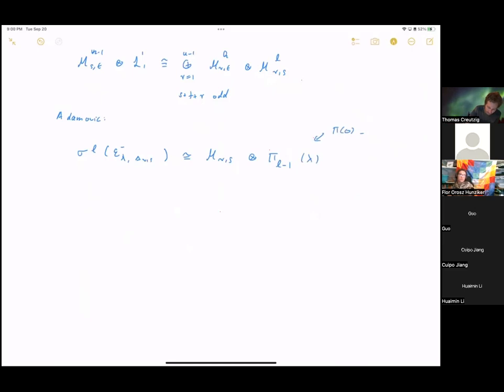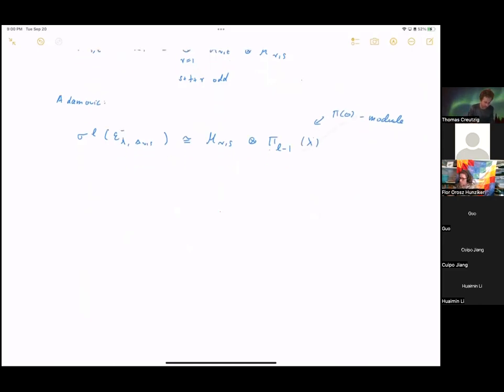Remember, this pi naught was this half lattice VOA, an extension of a rank 2 Heisenberg VOA along a diagonal isotropic lattice. It's not important for us what it precisely is.